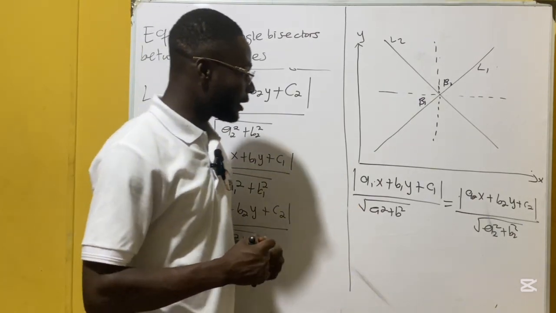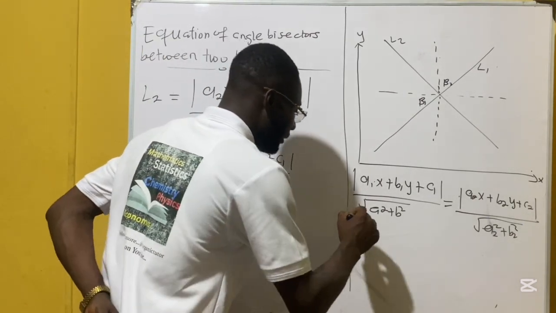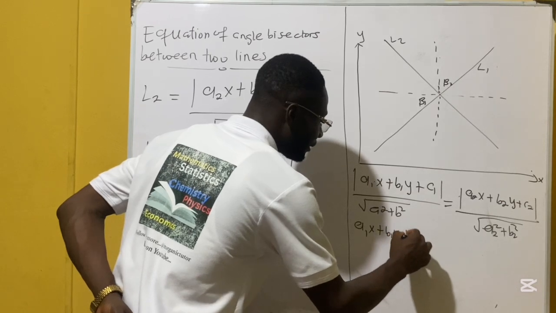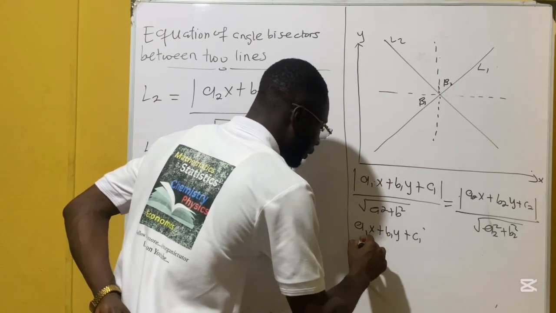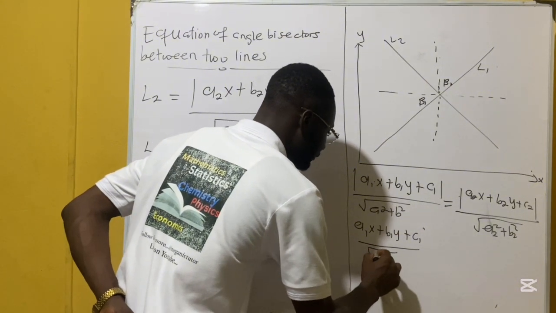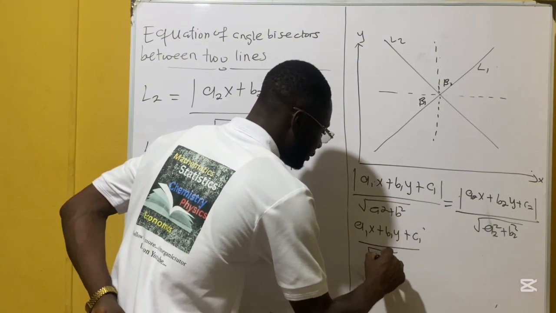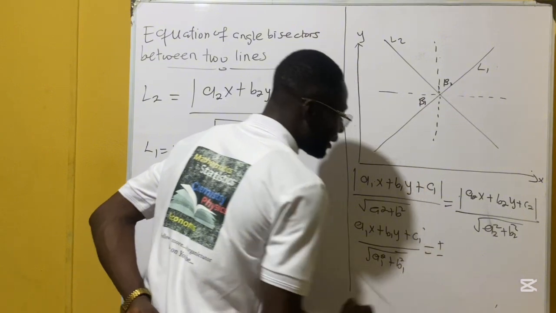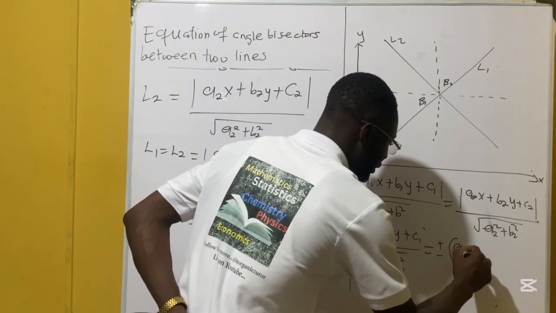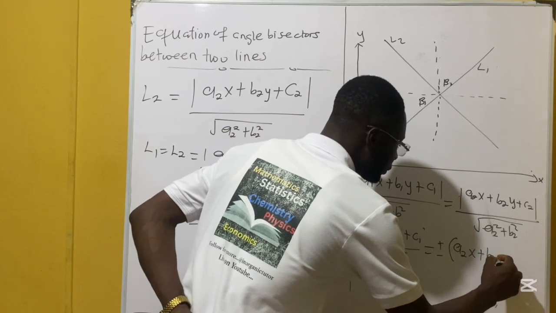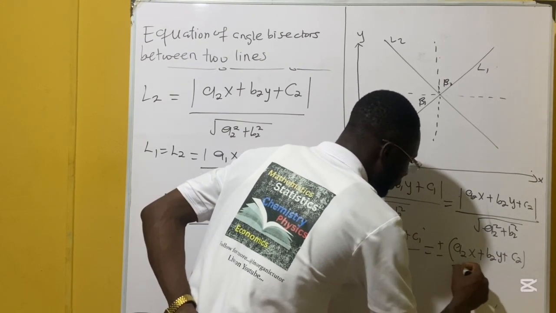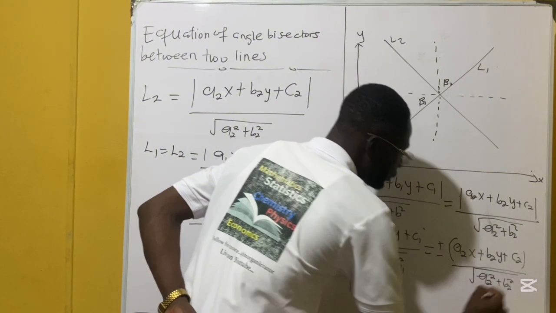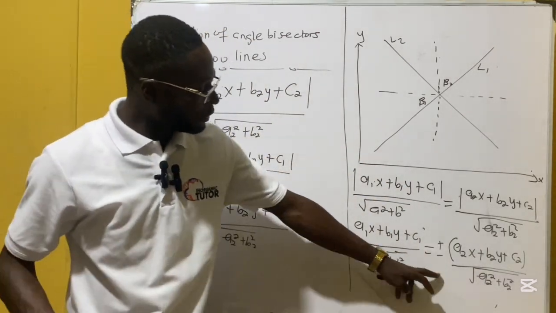So we can say that a1x plus b1y plus c1, all over the square root of a1 squared plus b1 squared, equals plus or minus a2x plus b2y plus c2, all over the square root of a2 squared plus b2 squared, right? So this is what we have now.